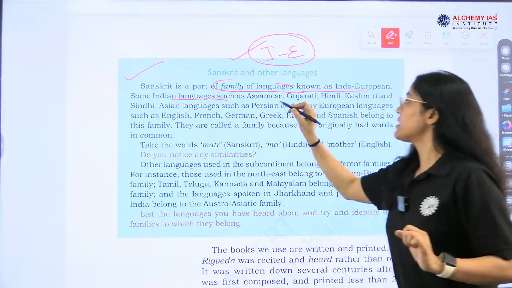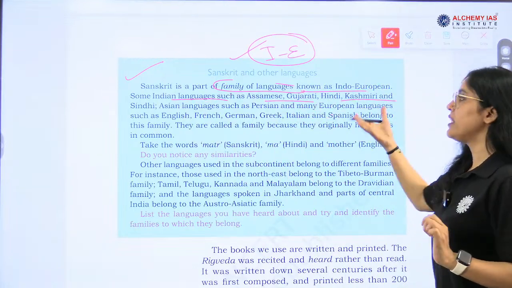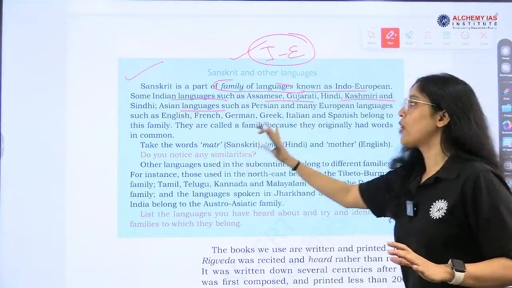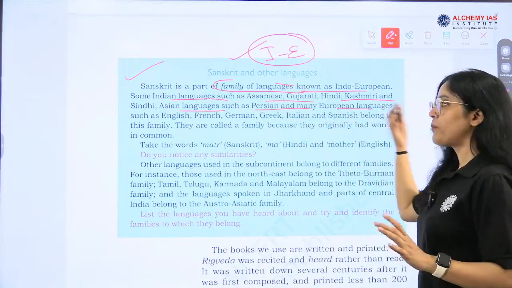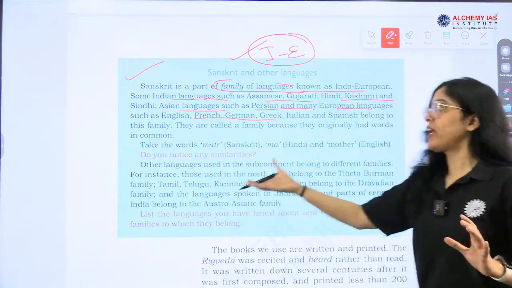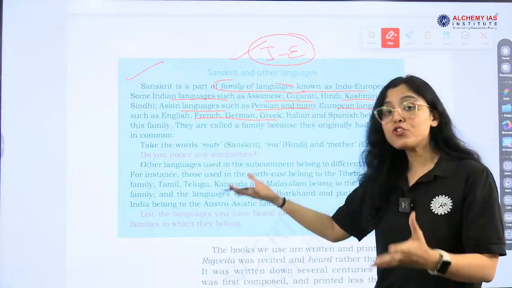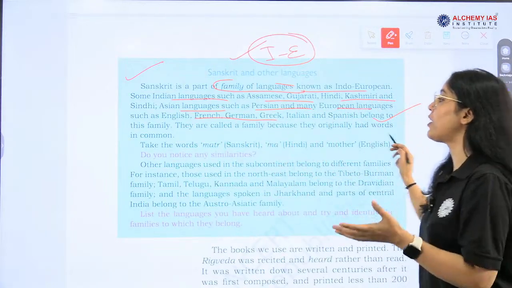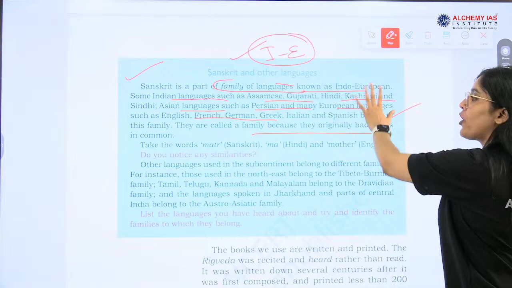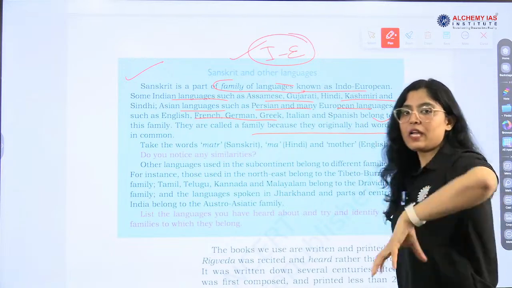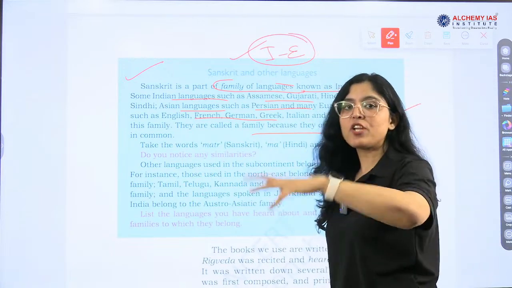Some Indian languages like Assamese, Gujarati, Hindi, Kashmiri, Sindhi, Asian languages like Persian, European languages like English, French, German, Greek, Italian, these are all part of Indo-European languages, right, comprising the area India, Asia, Europe.